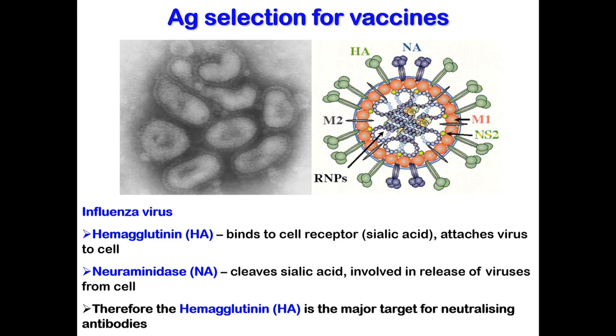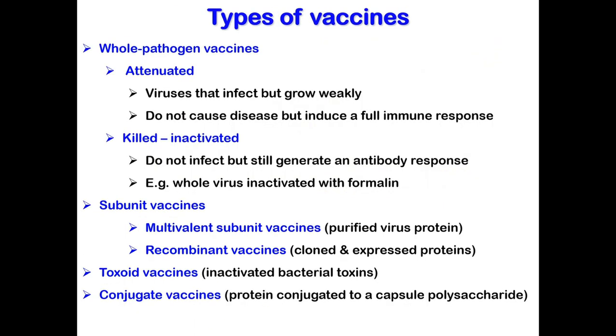The neuraminidase cleaves sialic acid and is involved in the release of virus from the cell, whereas the hemagglutinin binds to cell receptors and attaches the virus to the cell. Therefore, the hemagglutinin is the major target for neutralizing antibodies. So this is why this antigen was selected for the vaccine. So this slide looks at the different types of vaccines that are available.